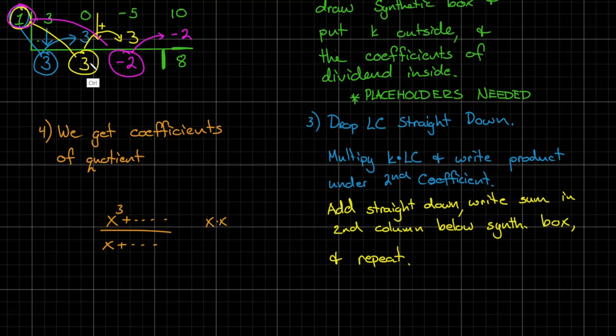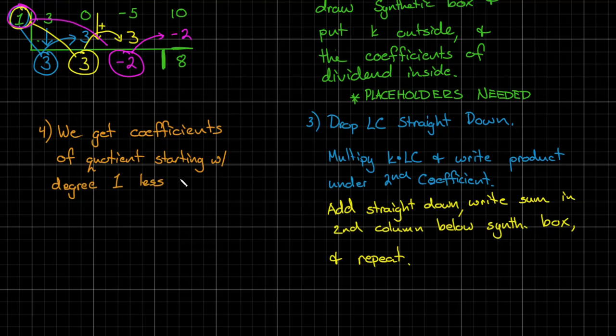Okay, what we get out of this are the coefficients of our quotient, starting with degree 1 less than dividend. It'll always kick down 1 because we only do this if we're dividing by x to the first power. 1 less than dividend.